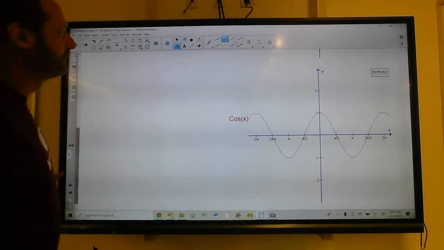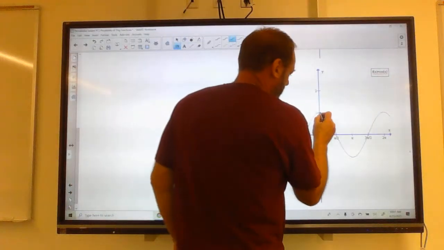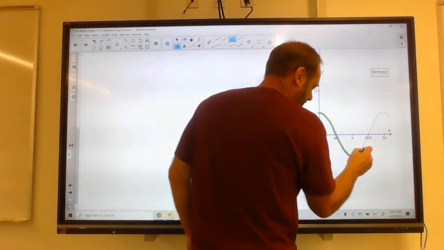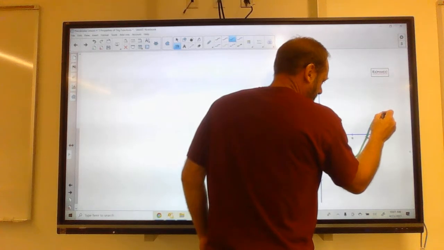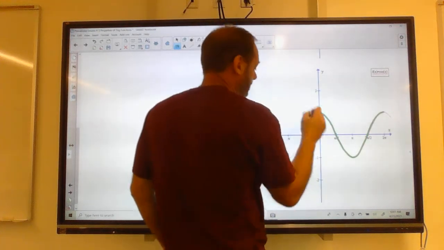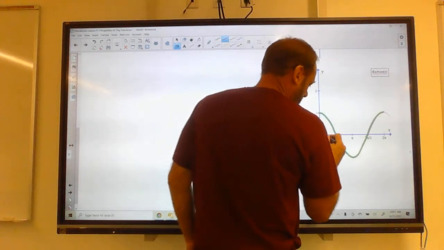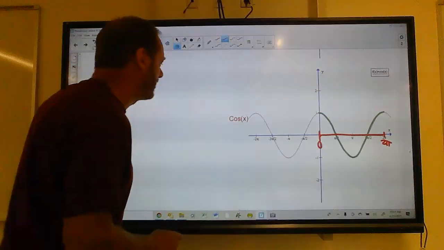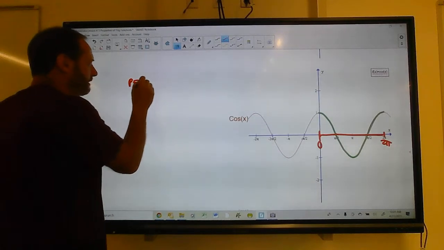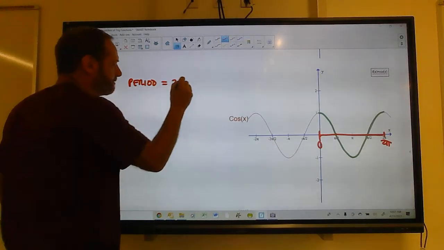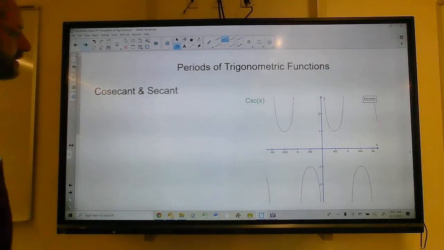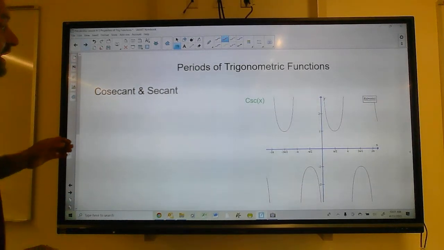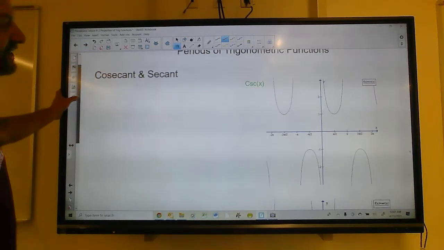Okay, cosine, same thing. Takes on every value, takes on a complete cycle between 0 and 2 pi. So its period is also 2 pi. Okay, because sine and cosine have a period of 2 pi, cosecant and secant are the same thing.